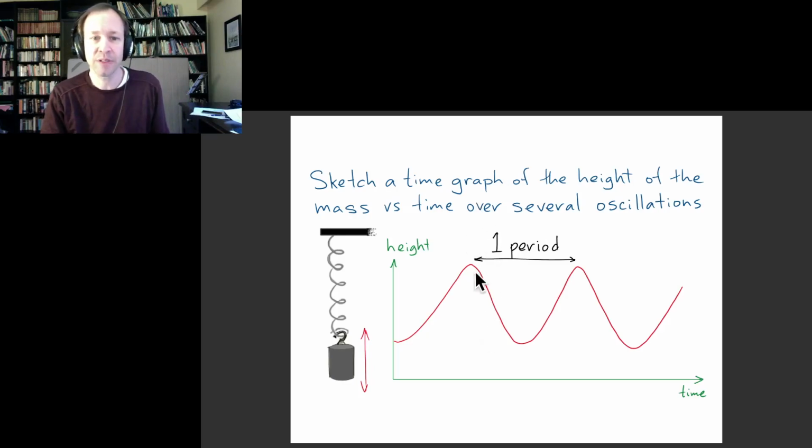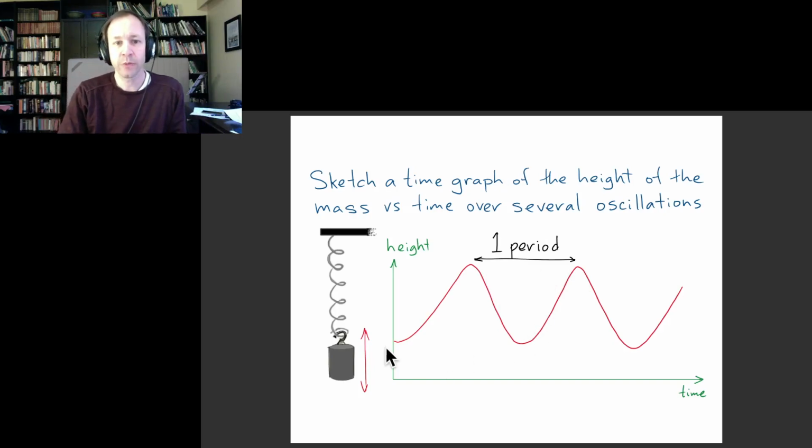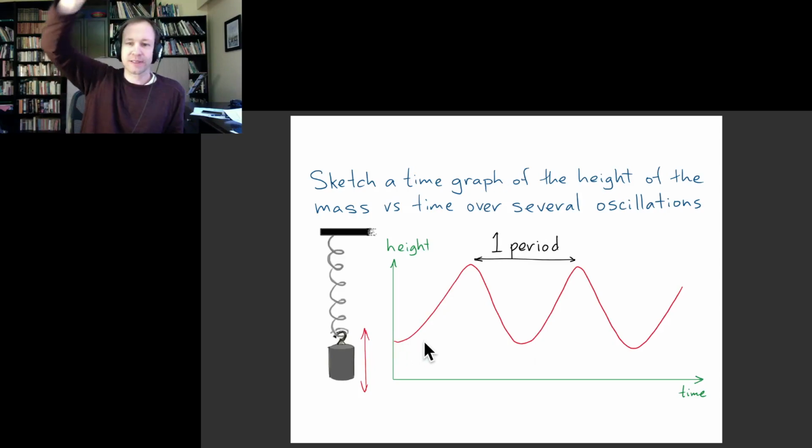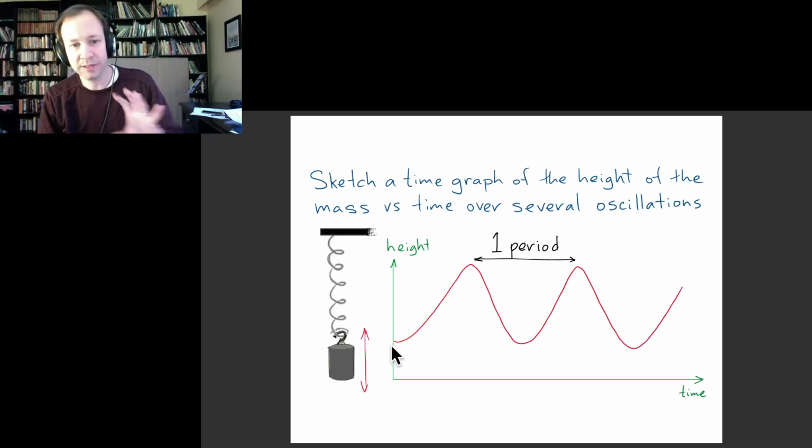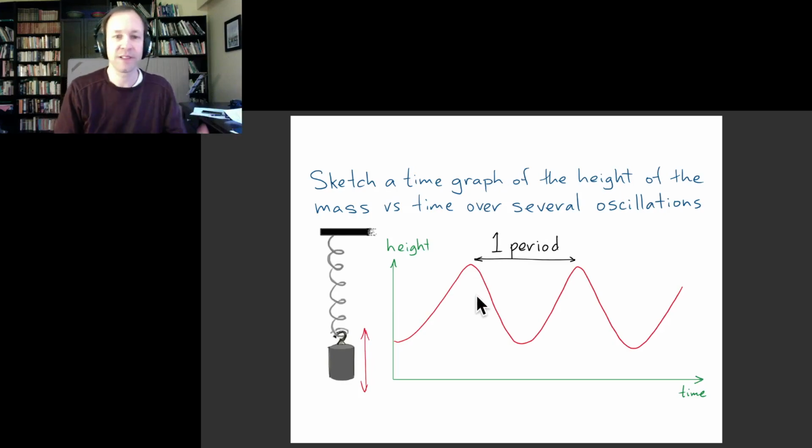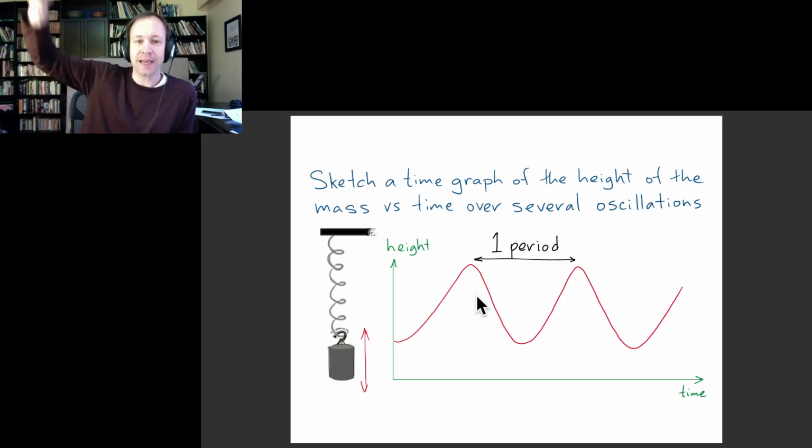And the time between the repeats is the period of our oscillation. So one thing you notice is that I drew this kind of smooth. It could have been like a sharp zigzag, but I drew it a little bit smoother. I probably could have drawn it even smoother. And you might ask, well, how did I know that? Why should it not be just an up and down zigzag?